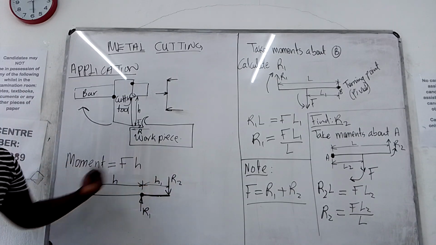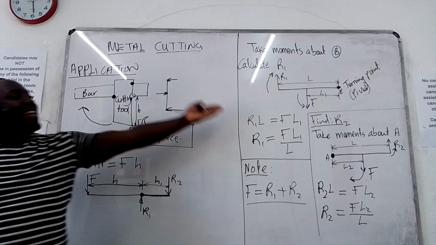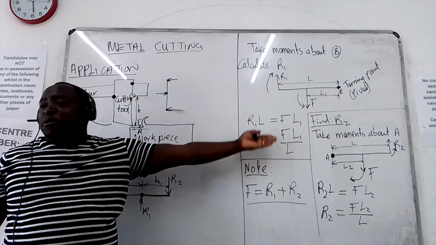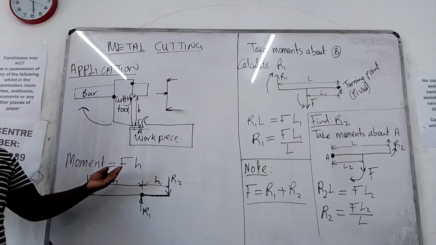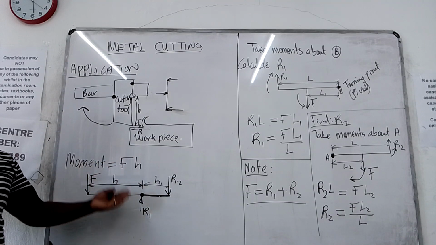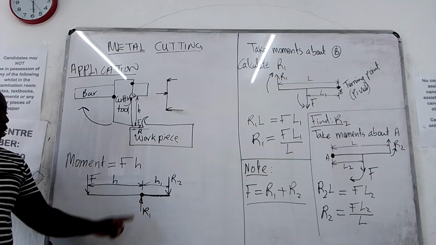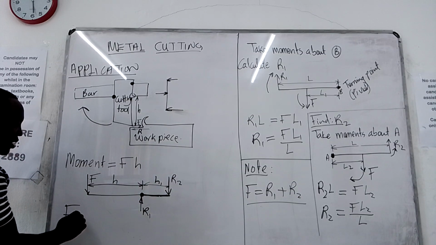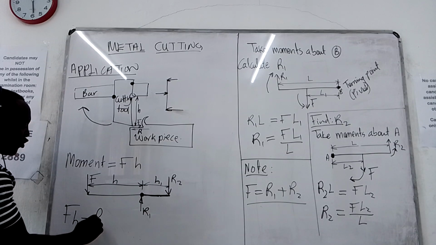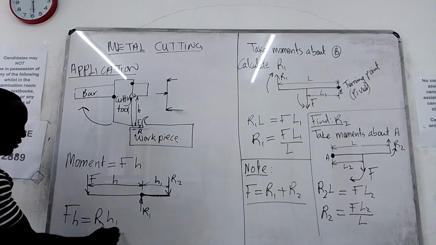That is, I'm trying to explain the science we have already dealt with. Now this is the application outcome. So you can easily say turning point: FH must be equal to R2 H1.